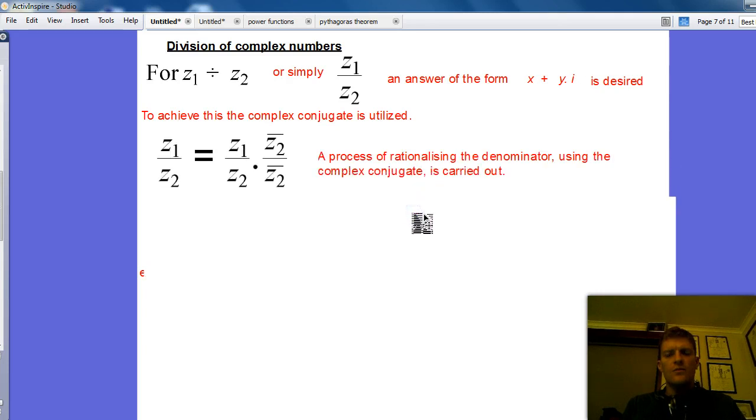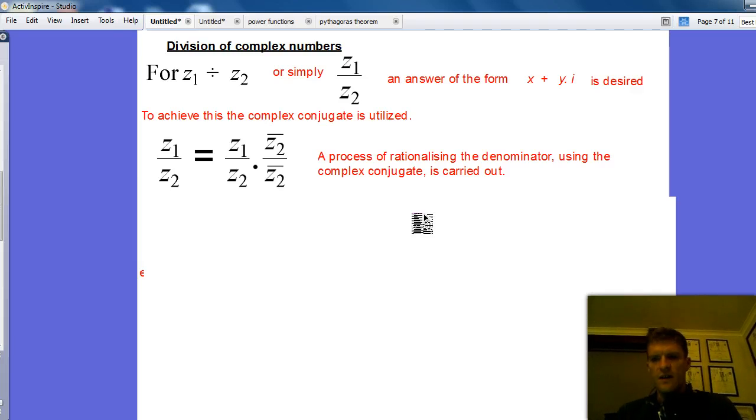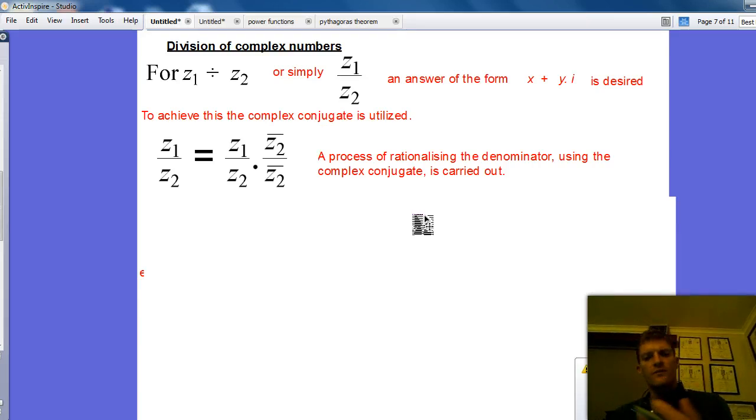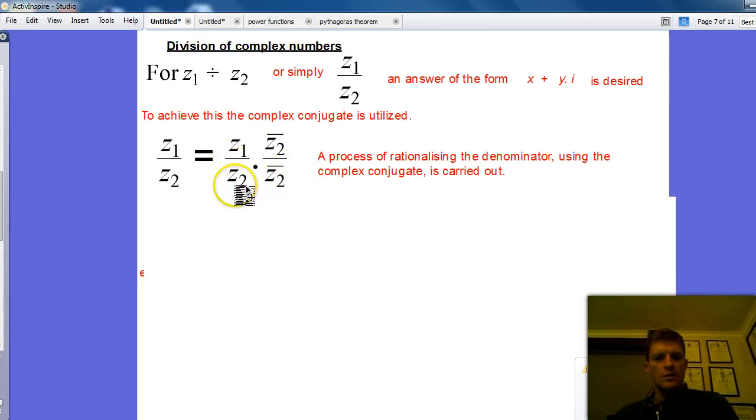We're going to do it in a process of rationalizing the denominator, just like you would with surds. If you have the square root of a number in the denominator, we have to go through a process of rationalizing that denominator to get the square root up top in the numerator. Same thing with complex numbers. So what we're doing here, we look at the denominator z2, and we multiply by a special fraction that has the value of 1, the same thing on the numerator and denominator.